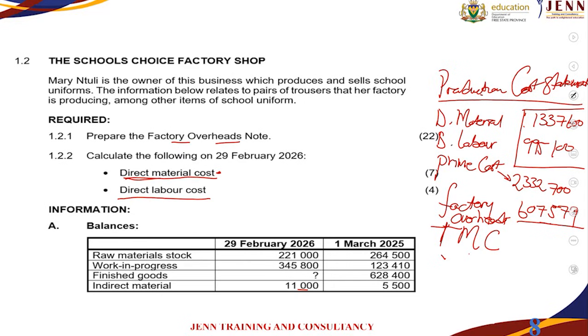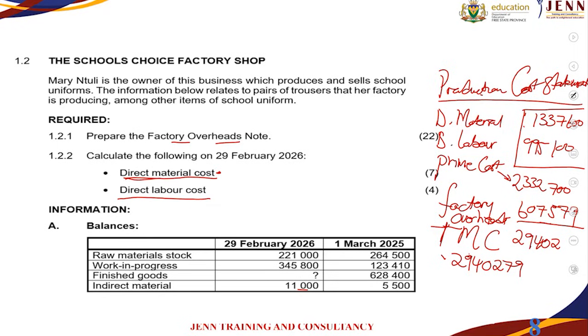That will add up to 29,4027. Okay, let me just do it here because it's going to affect my screen here. It's going to be 29,40,279. That will be our total manufacturing cost.